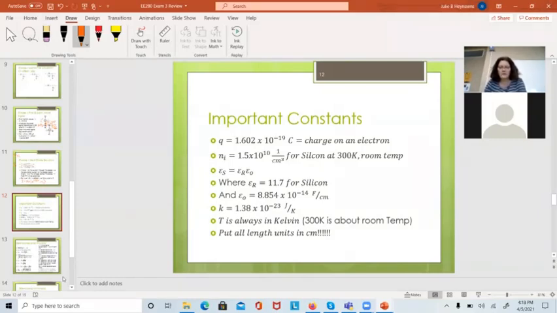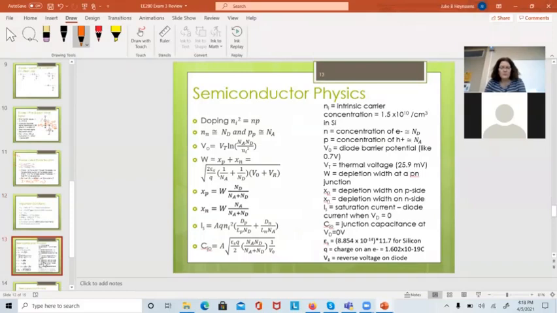Remember to put your lengths in centimeters. If I have an area in micrometers squared, I need to convert that into centimeters squared. Here's my list of equations I compiled. It's almost complete for what you need on the exam.